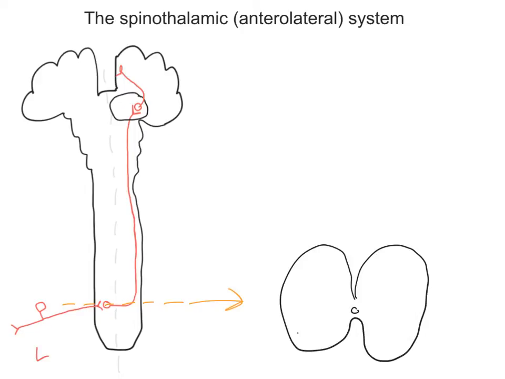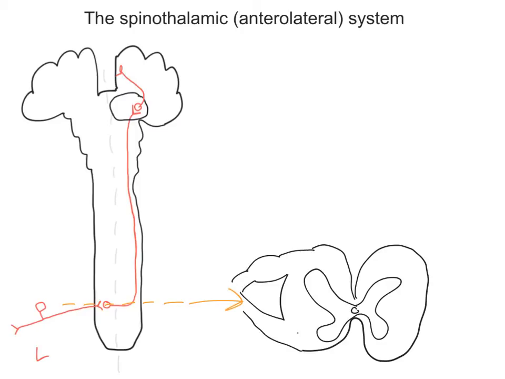Okay, there's the central canal. There's our grey matter there. We'll just add on where our dorsal and ventral roots enter. And we'll add those. So there's our dorsal root ganglion and our ventral root.